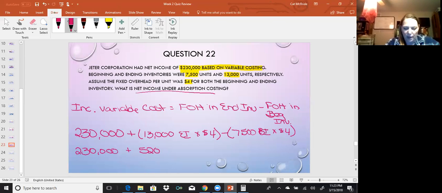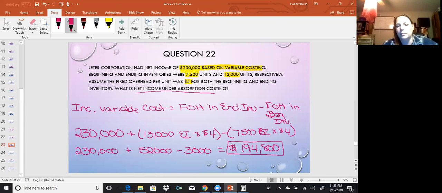That $4 made up 52,000 in my ending inventory and 30,000 in my beginning inventory. So if I had used absorption costing instead of variable costing, my net income would have been 252,000 instead of 230,000, just accounting for the $4 difference between beginning and ending inventory.